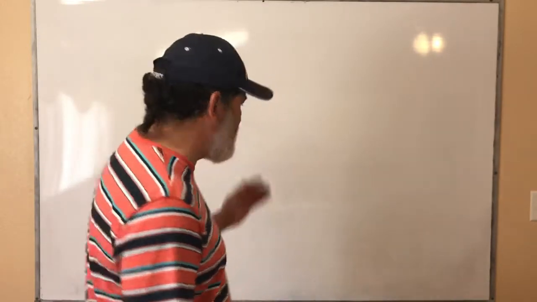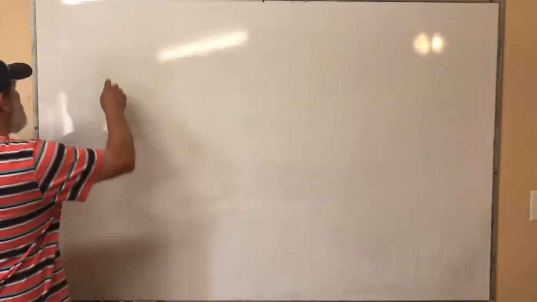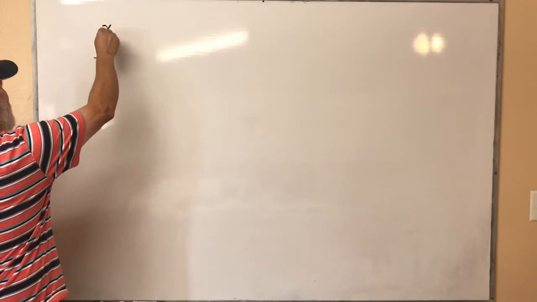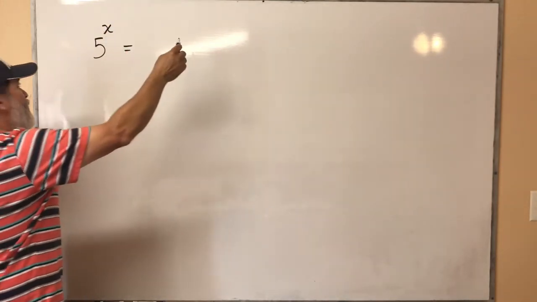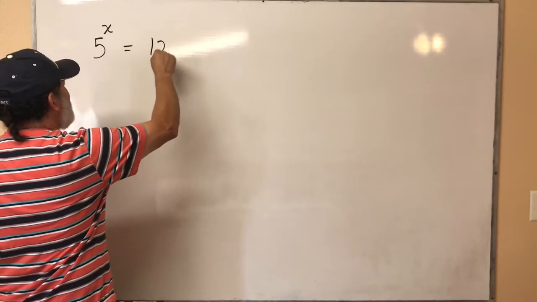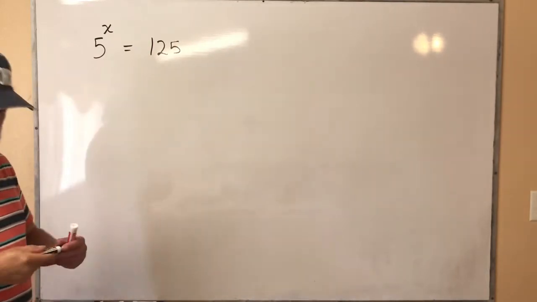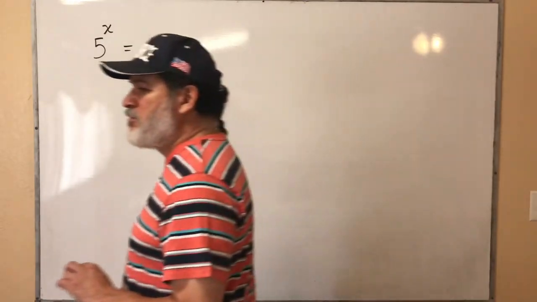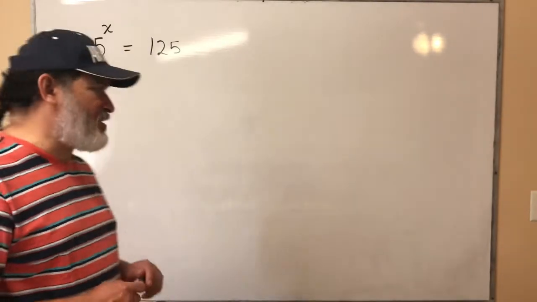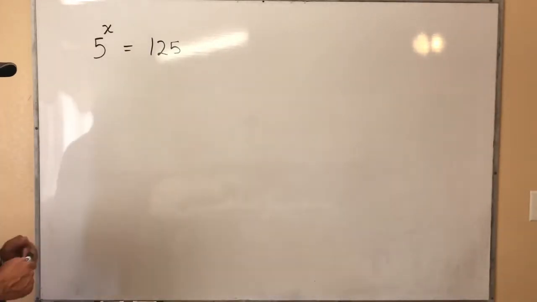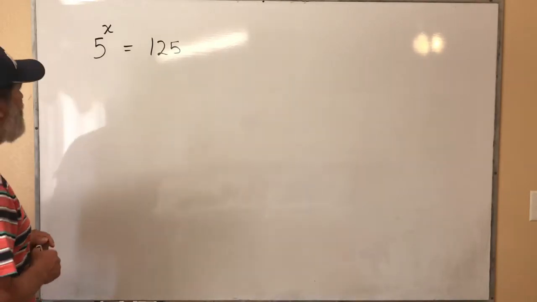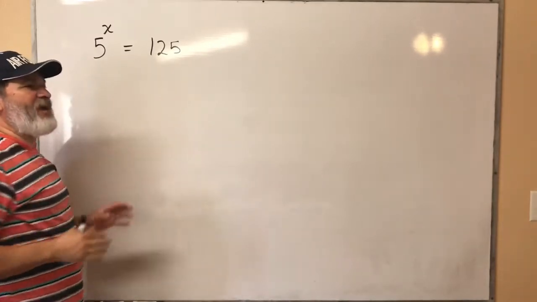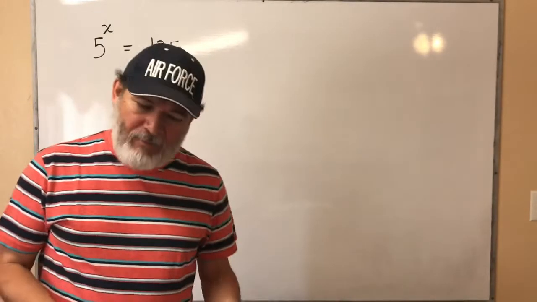Exponential equations is this, look. Exponential equations, we have 5 to the x equals 125, okay? You can solve this one in two ways. If you recognize this is an exponential equation, if you can express both sides with the same base, it's an easy problem.